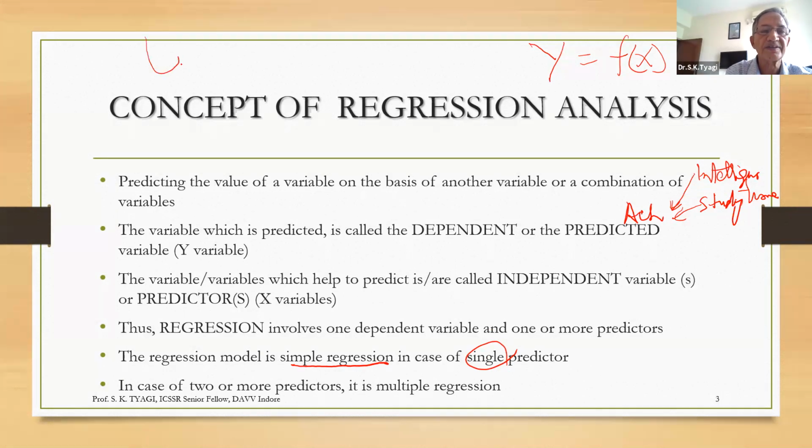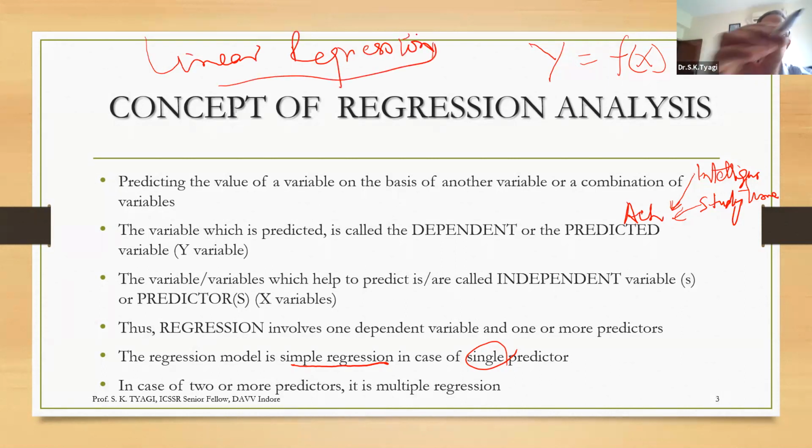So we are considering linear regression only, although there are other types of regression also, log linear regression, multinomial regression, etc., which are out of the scope of this faculty development program.